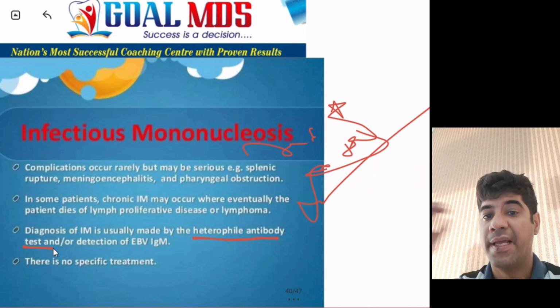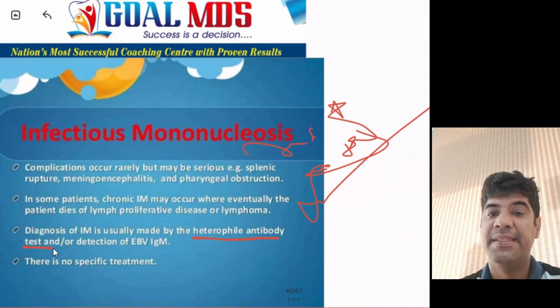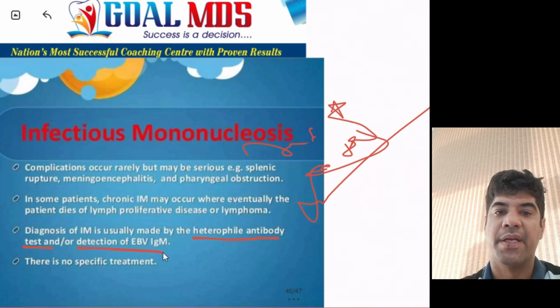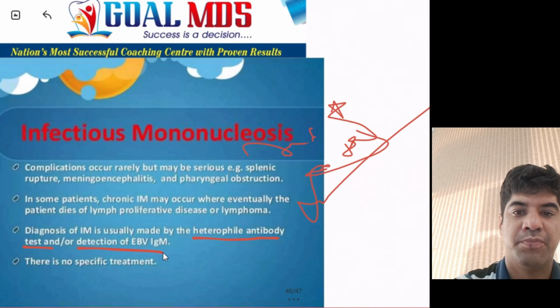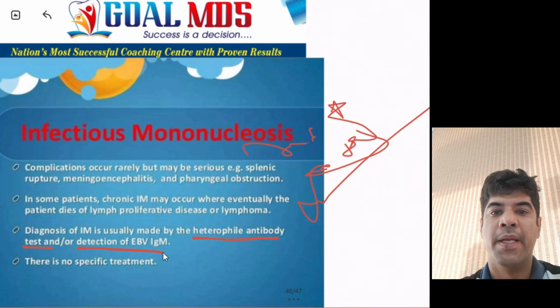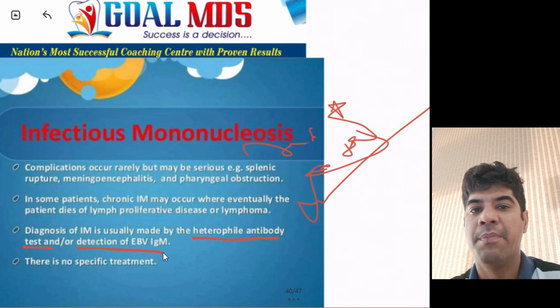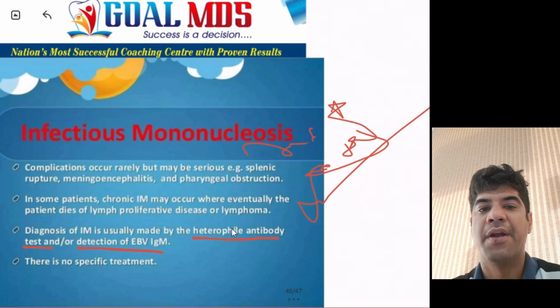The heterophile antibodies are just the IgM antibodies that cross-react with sheep and horse erythrocytes. So they are used for the detection of Epstein-Barr virus. Other tests are the Monospot assay or the Paul-Bunnell test. They are the common methods for detecting heterophile antibodies.